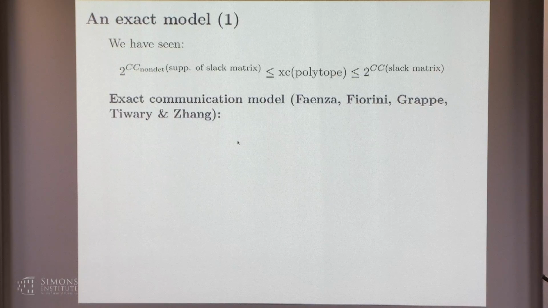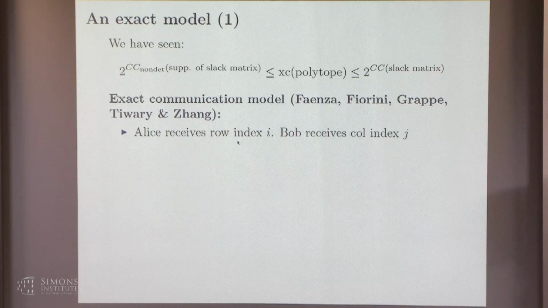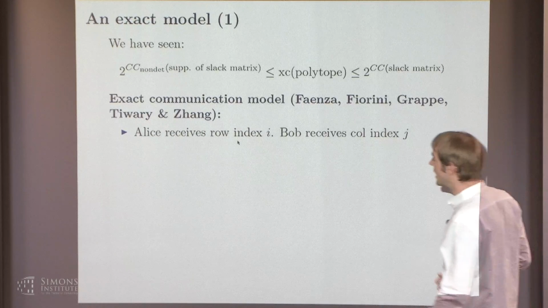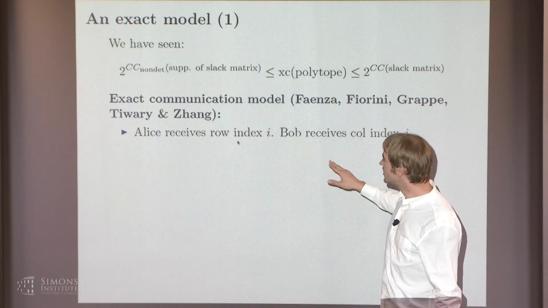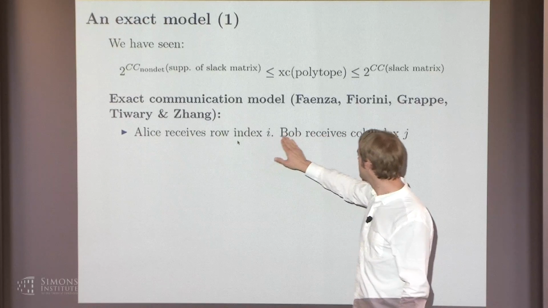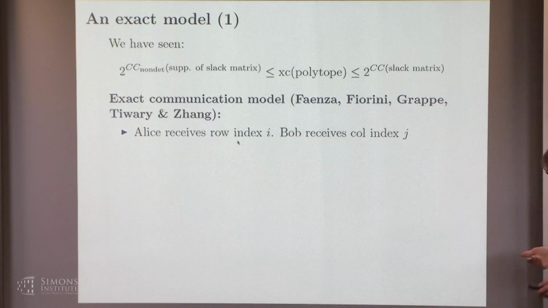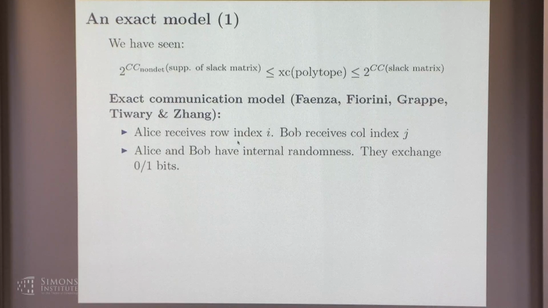Okay, good. So here's the exact model that corresponds to the logarithm of the extension complexity, or the non-negative rank of the slack matrix. Again, two players, Alice and Bob. Alice gets a row of the slack matrix. Bob receives the column index of the slack matrix. Now they run a protocol, but they can use randomness. So they have their own infinite pile of random bits.